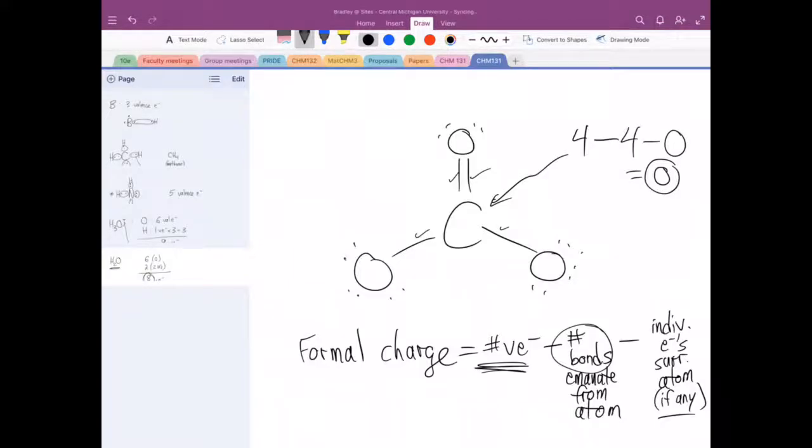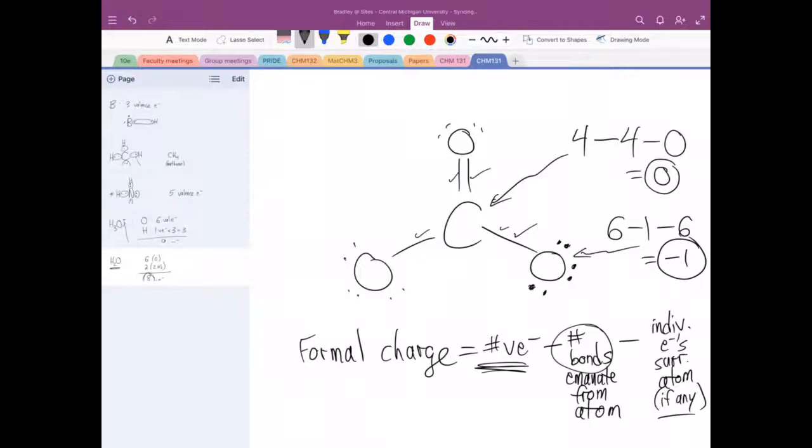For this oxygen here, its valence is 6, minus 1 bond, minus 1, 2, 3, 4, 5, 6 electrons. So that gives you a -1 formal charge.